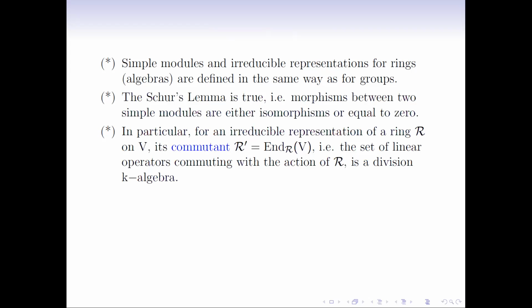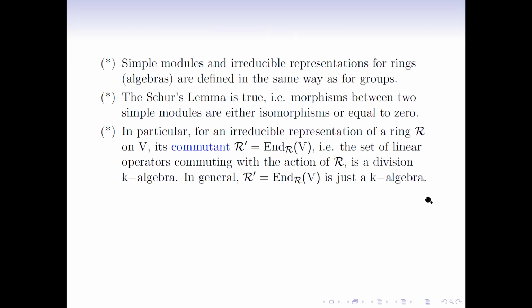If it's zero, then the endomorphism is invertible. And if it coincides with the whole V, then the endomorphism is zero. So it's either zero or invertible. So every non-zero element in R prime defined like this is invertible. And it means that we have a division K algebra, which is not necessarily commutative, unless we have an algebraically closed field. In general, R prime, the commutant of a representation, is just a K algebra, not division.